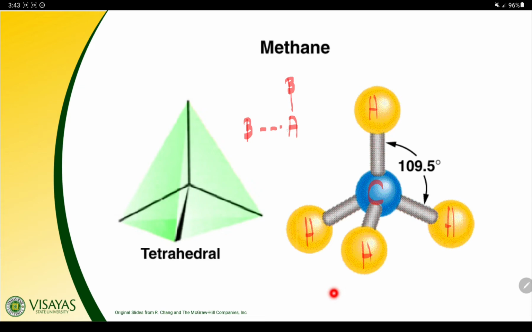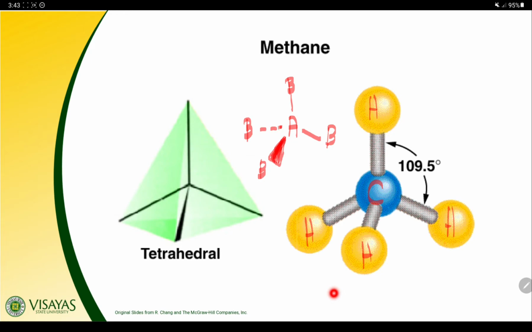So we have one atom at the back, and then we use this wedge line or thick line for the bond projected to the front. And then we use one line again for the atoms at the side. So this is our tetrahedral.